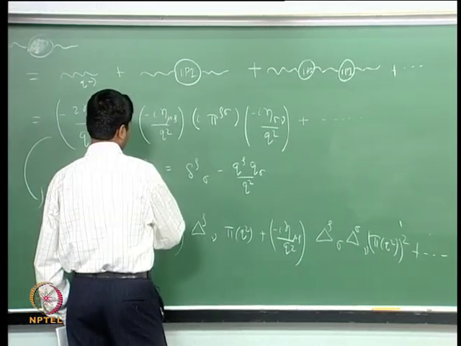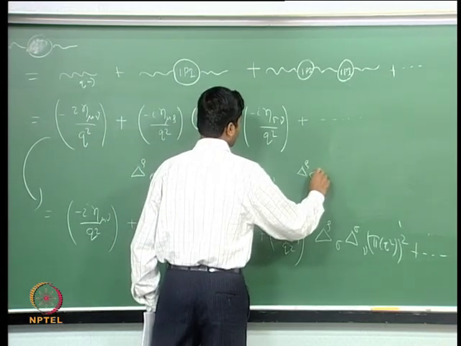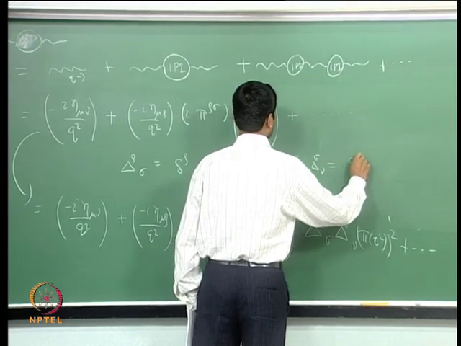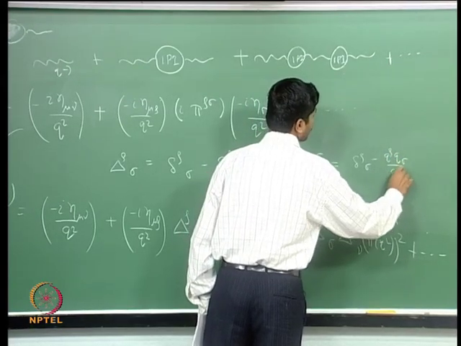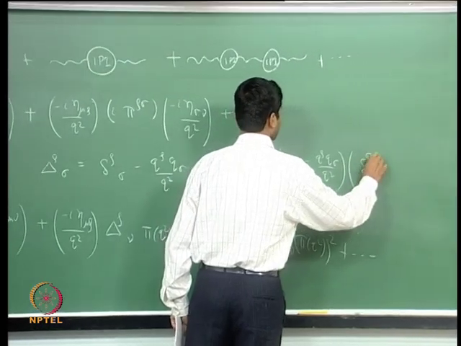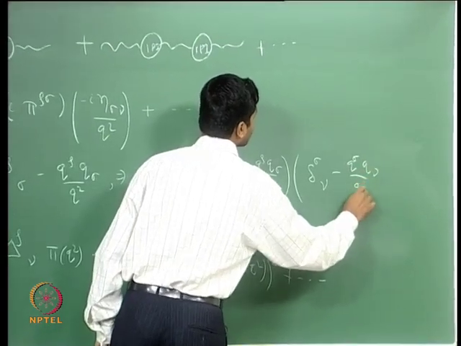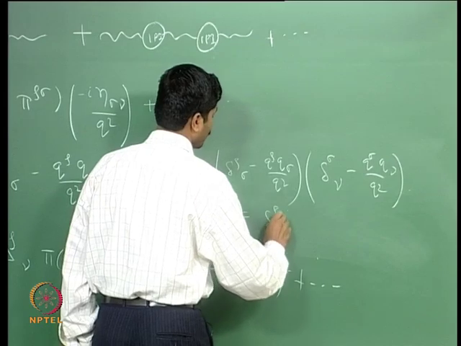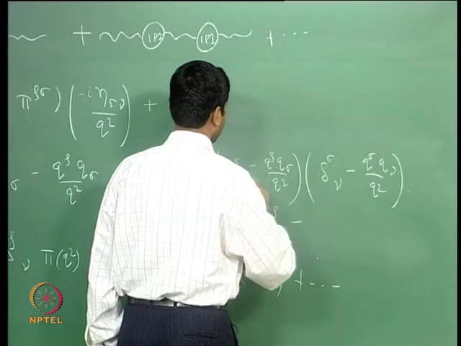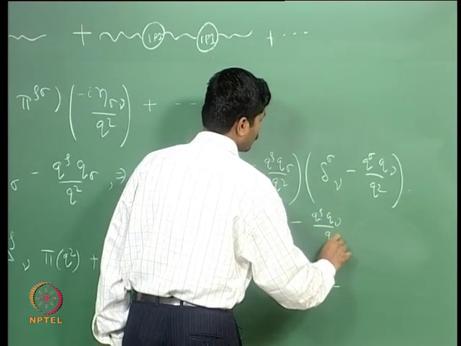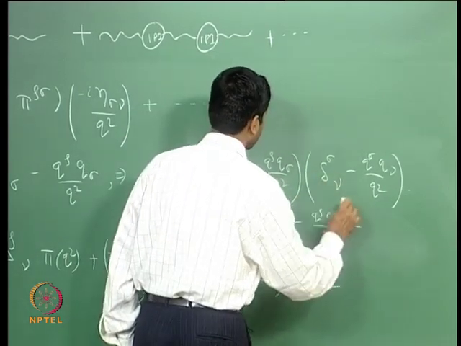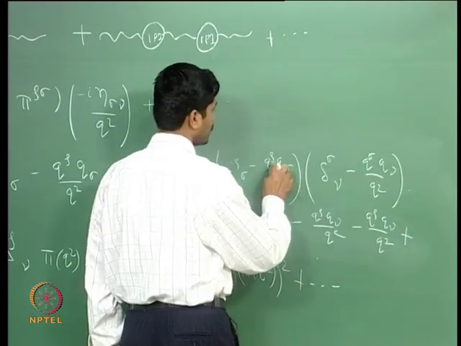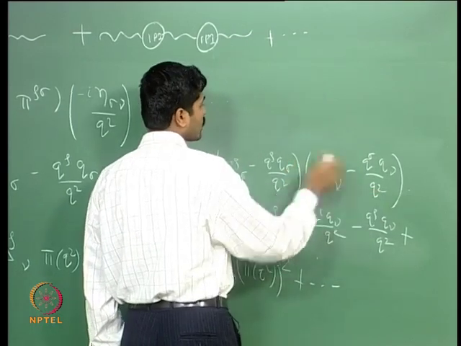Now, you notice if this is our delta rho sigma, then delta rho sigma delta sigma nu is merely given by delta rho sigma minus q rho q sigma over q square times delta sigma nu minus q sigma q nu divided by q square, and the first term when it multiplies here gives me a delta rho nu, the second term minus q rho q nu divided by q square, this term here minus q rho q nu divided by q square, and the last term here plus, you can see q rho q nu, again there will be 1 over q fourth here, but q sigma is again q square.